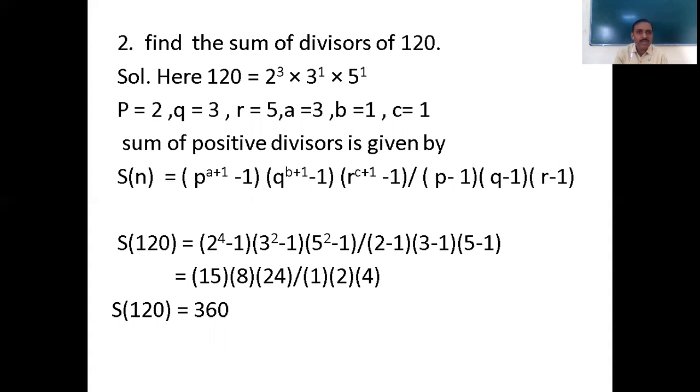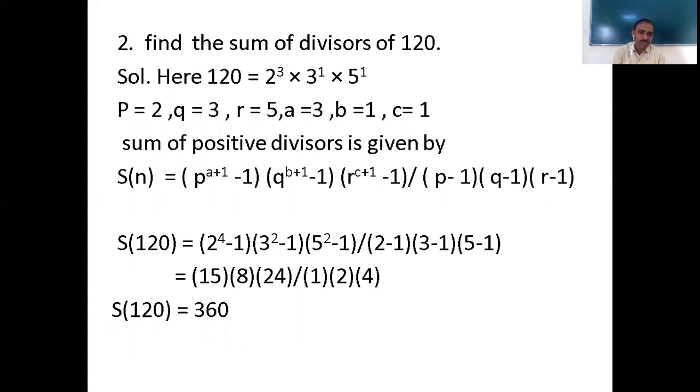Next, find the sum of divisors of 120. Here, 120, again by prime factorization, we get 2 raised to 3 into 3 raised to 1 into 5 raised to 1. So P is equal to 2, Q is equal to 3, R is equal to 5 as the prime factors. A is equal to 3, B is equal to 1, C is equal to 1 are the positive powers or exponents.